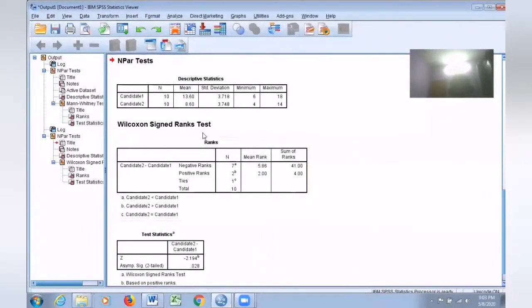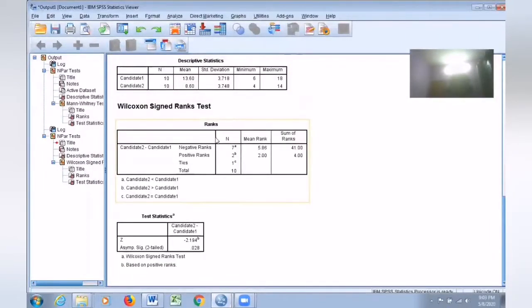Here are the results. You can see for candidate 1, the mean ranking is 13.60, but with respect to candidate 2, the mean is just 8.60. Fine. And here, under the ranks table, you can see the comparison of the ranking of candidate 2 in respect of candidate 1.